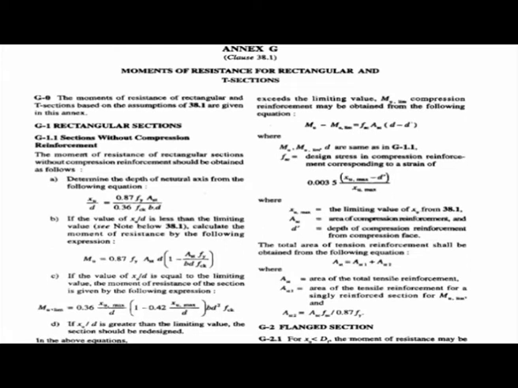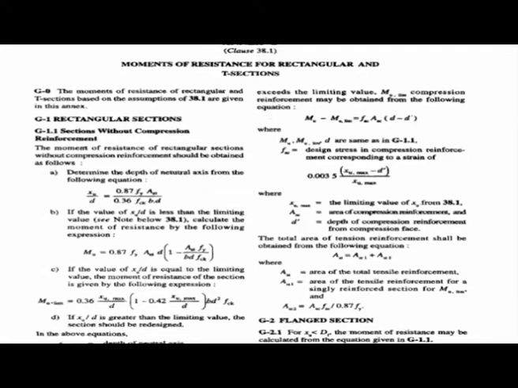The only thing I would like to say is that yesterday we showed you xu by d, 0.87 fy Ast by 0.36 fck b d, or Mu equal to this much. Those things we use from Annex G of IS 456. We derived it also yesterday, but these are available here.